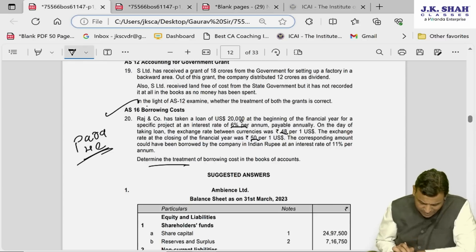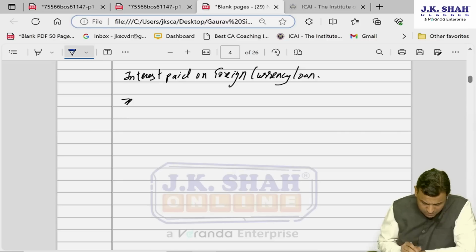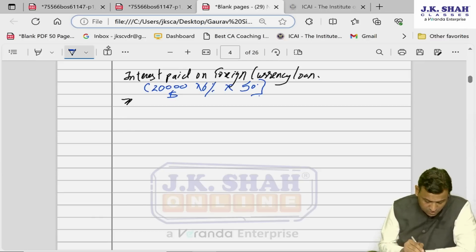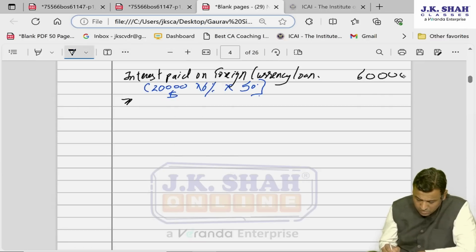Can I say the interest paid will be $20,000 into 6% at 50? This is the borrowing cost, which is 60,000. Now, this is interest paid on foreign currency loan. 60,000 is my borrowing cost.